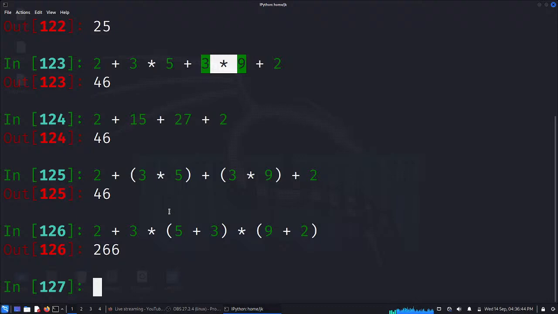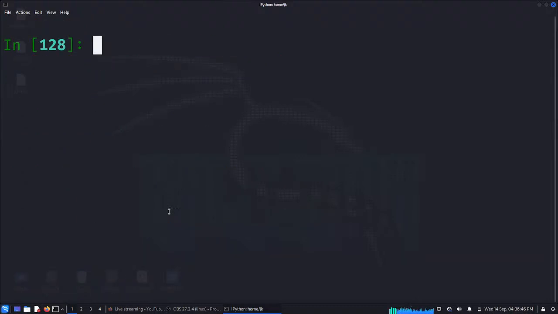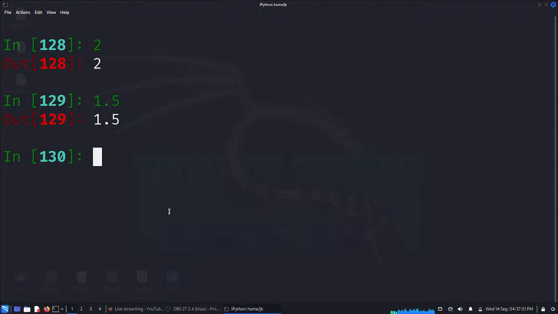Now we have this 2, we have integers, and we may also come with, you know, 1.5, right? So we have what you call a float. This is a float, as opposed to integers.